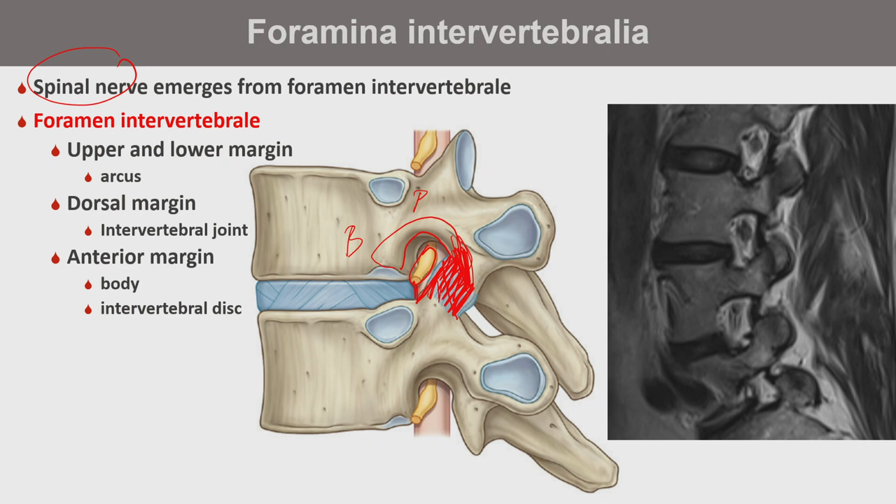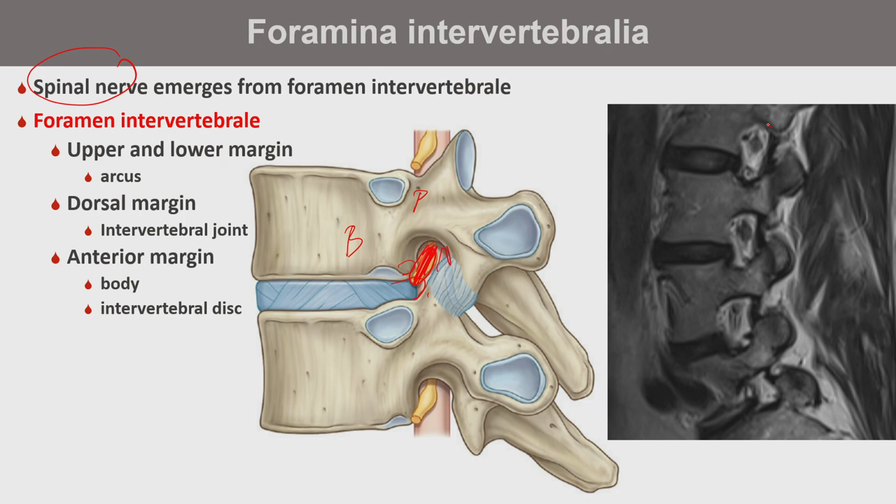So then you can imagine that here are some structures which could be, I think very frequently in my age, almost in all people, affected by degenerative diseases, which are typical with production of osteophytes here, or bulging of the disc. So then the spinal nerve here could be compressed in a stenosed foramen.